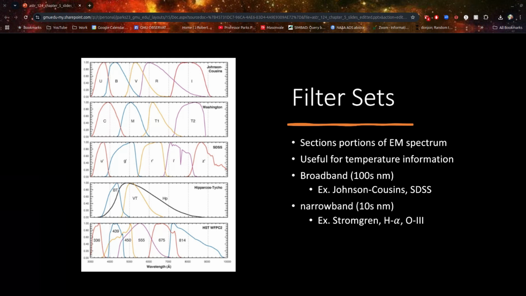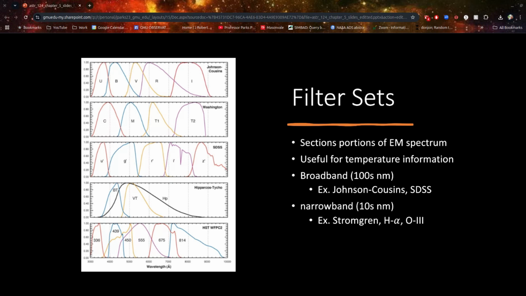The thing to note is that those magnitudes are not in the Johnson system. So you cannot compare them directly to observations, say, we take at our telescope. You have to transform them. You have to make a correction in order to properly compare apples to apples.